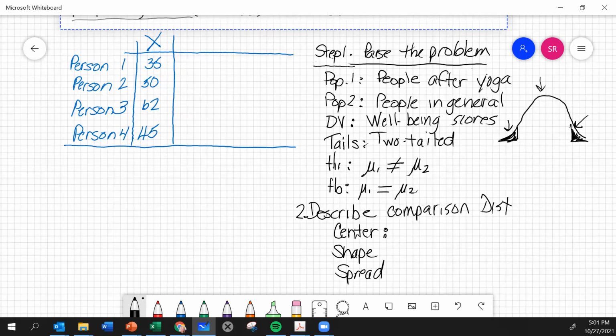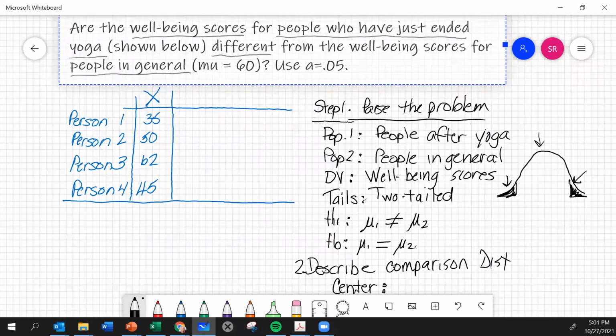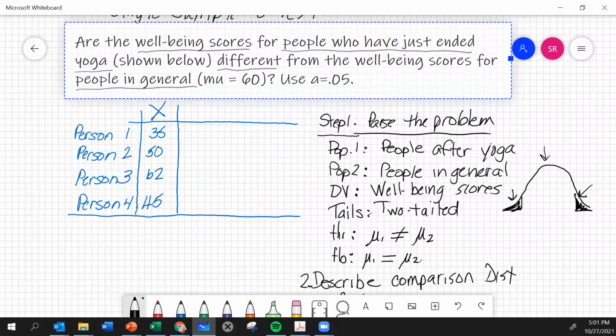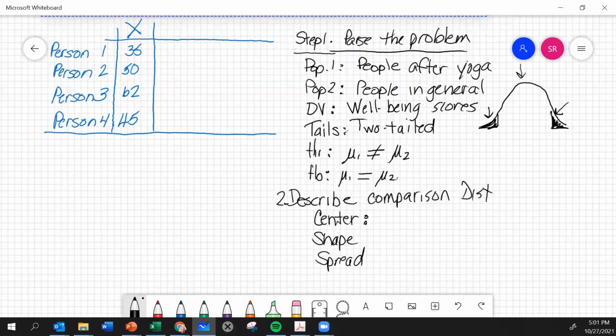The center of the distribution holds true just as it did with our z-test. It is mu. In this problem, it gives us right away, it says the well-being scores for people in general, mu equals 60. So I can just indicate that mu equals 60.